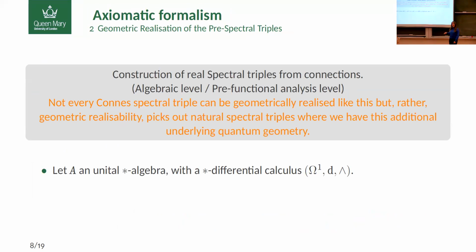Now, the good part is what I understand by the geometric realization. I'm not constructing the full description of a spectral triple with this framework. The analysis part is missing. We took a very simple one, so it's not the full thing. To be a little bit more precise, we are working at the algebraic level, or the tensorial level.